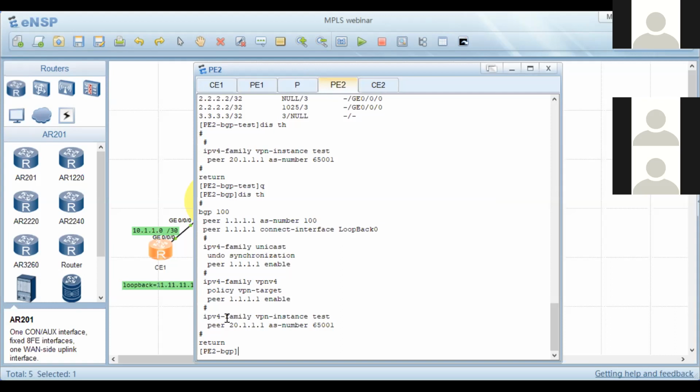I say if you change the autonomous system of CE2 to 65000, on both sides, CE1 and CE2, the same. I haven't tried that, but the same configuration is going to be applied.